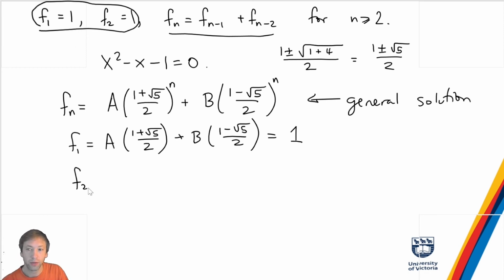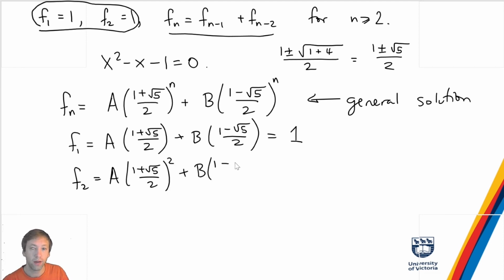And then f2 we can write similarly: a times ((1 plus root 5) over 2) squared plus b times ((1 minus root 5) over 2) squared, and that's equal to 1 as well. This is a system of equations. You can solve this if you want, but at the end of the day, it ends up giving you that a is 1 over root 5 and b is negative 1 over root 5.